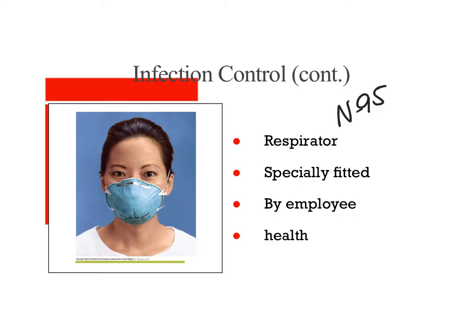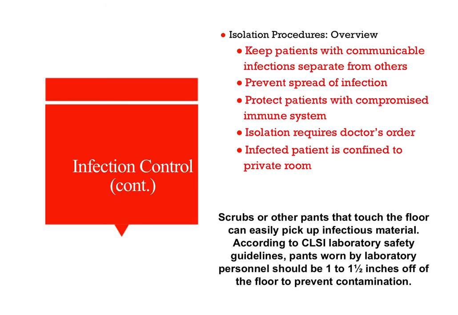Okay. All right, isolation procedures. You need to know that they are designed to keep patients with communicable infections separate from each other. Communicable means it spreads easily from one person to another. It's designed to prevent the spread of infection and protect patients with a compromised immune system. Isolation does require a doctor's order, and the infected patient is confined to a private room.